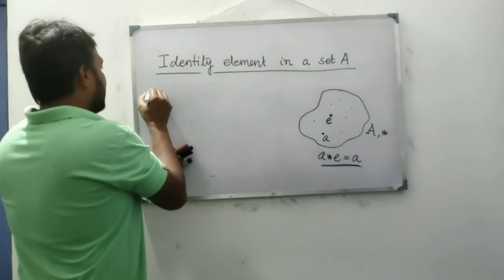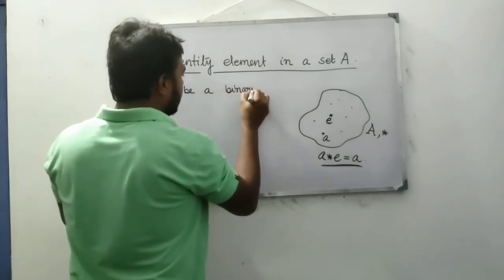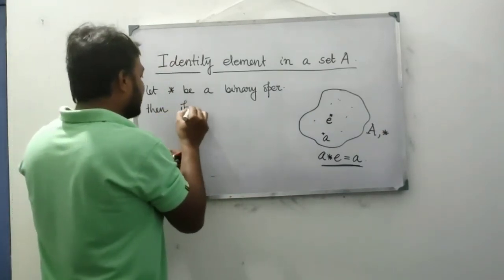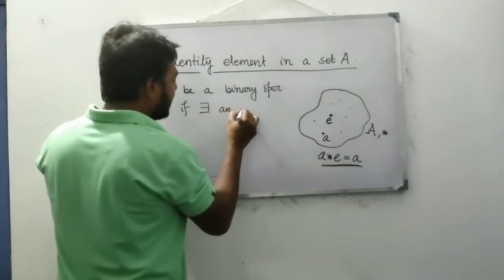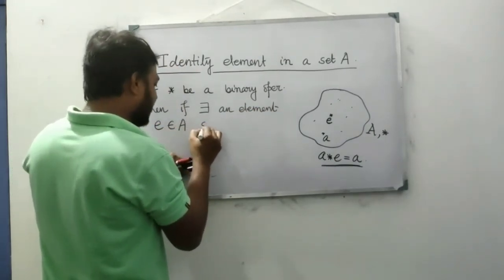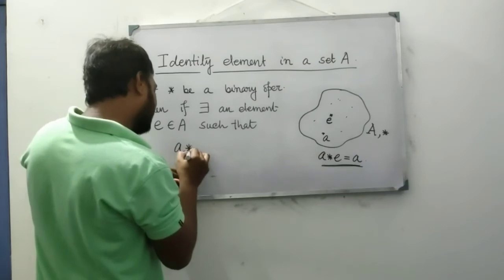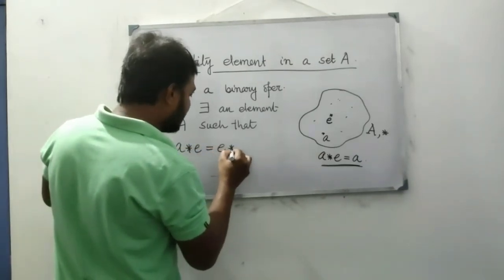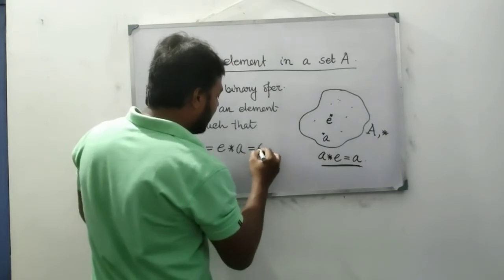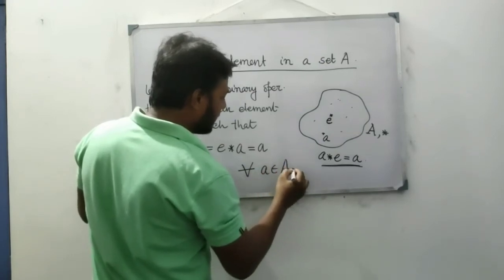So write the definition. Let star be a binary operation, then if there exists an element, this is the symbol of there exists, an element E belongs to A such that, now write the characteristic, A star E equals E star A. That means you can do first A after E and E after then A. It will give back A, and this will be happening for all A belongs to the set.